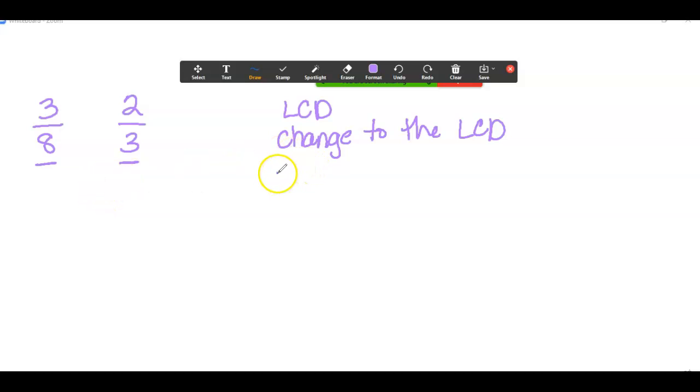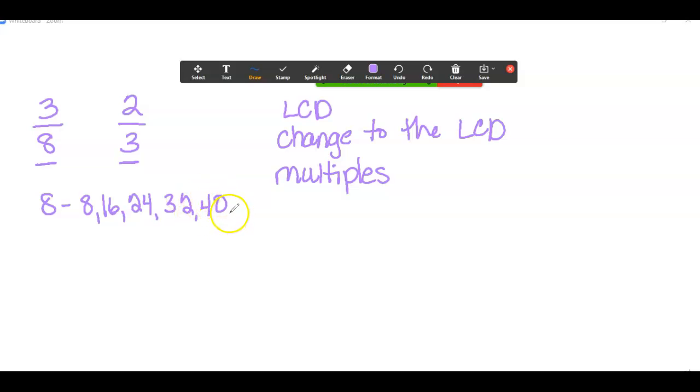Well, remember, that's finding multiples, okay? So first, I want to work with the multiples of 8. Okay, so that would be 8, 16, 24, 32, and 40. And I know that I can go on if I need to.